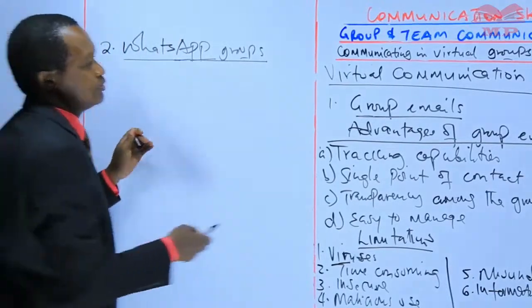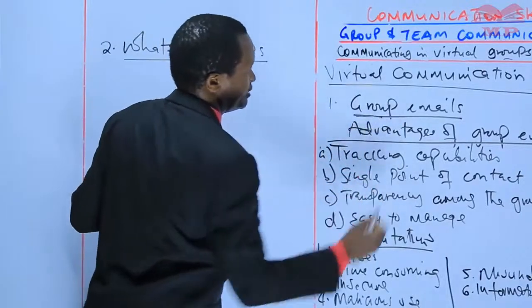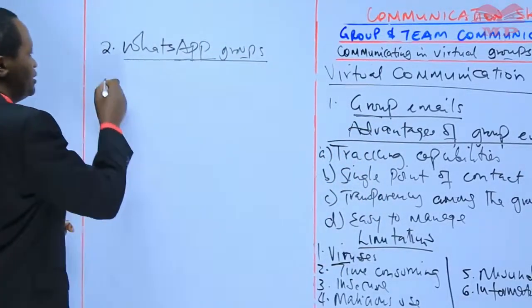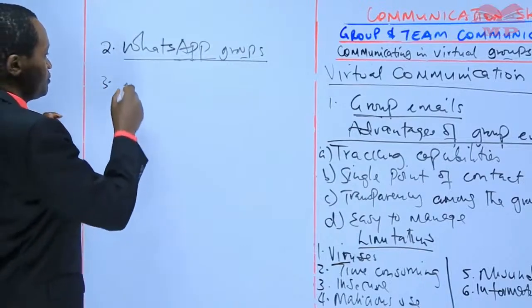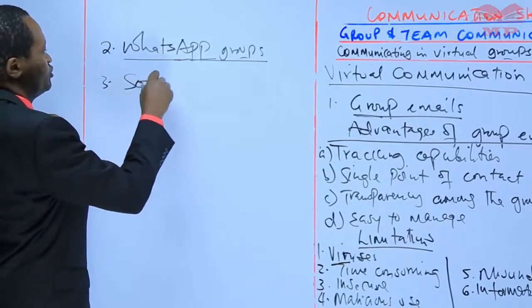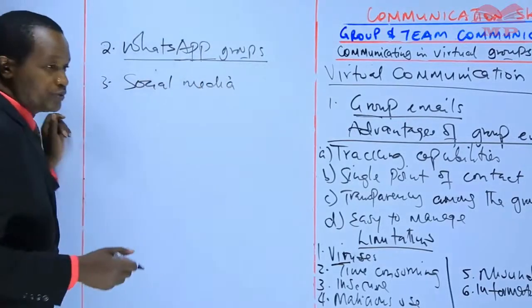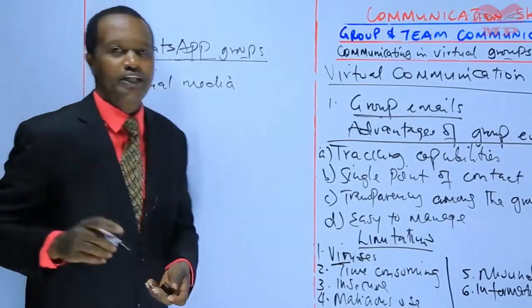So that is the second virtual group. The first virtual group we discussed is Gmail. The second one is the WhatsApp group. Then we can, in closing, talk about social media. There are groups that can also be formed on social media.